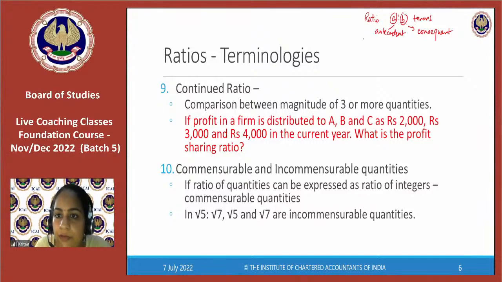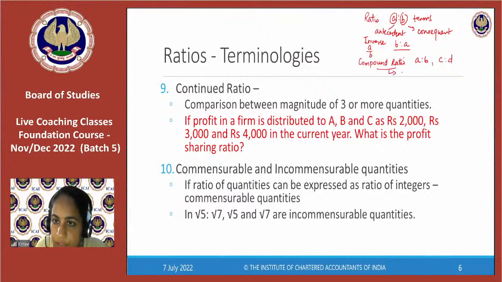And then we talked about inverse of the ratio. Inverse means if A is to B is a ratio, its inverse would be B is to A. That is, the ratio when multiplied with its inverse will give the product as 1. It is the reciprocal of the current ratio. Then we talked about compound ratio. Compound ratio is when you have A is to B as one ratio, C is to D as another ratio.